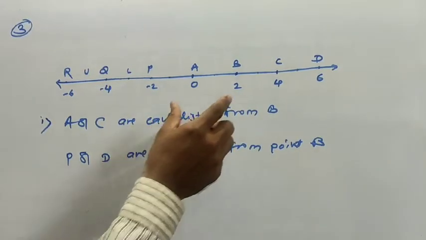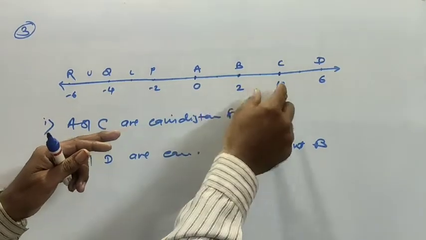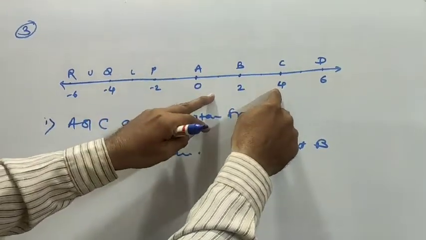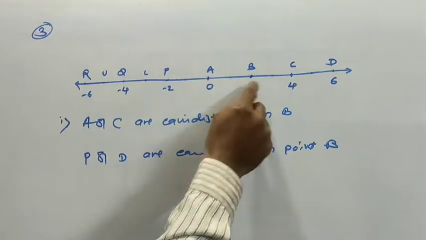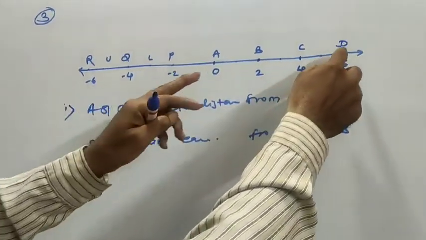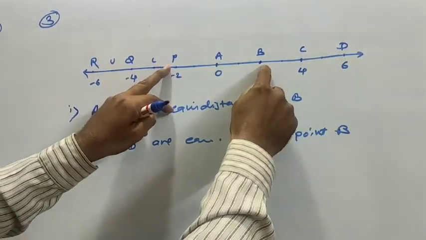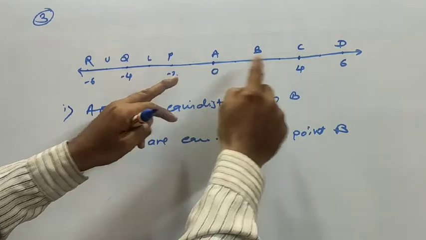Because their distances are equal. A and C from B, see this figure, these are equidistant from B. These two points P and D are also equidistant because their distances are equal.